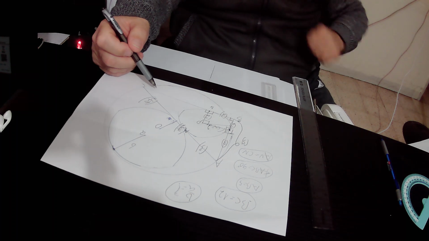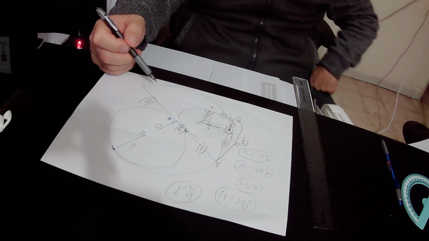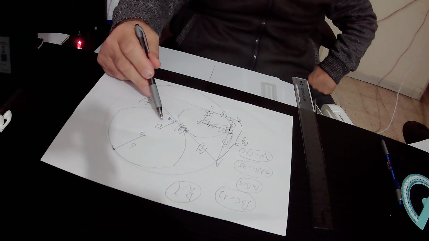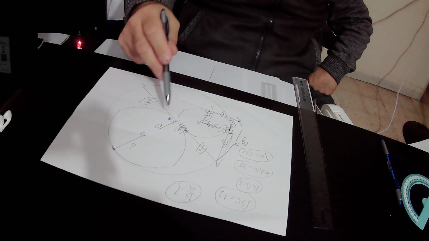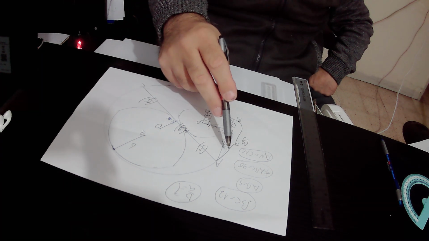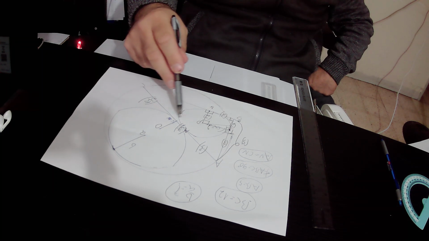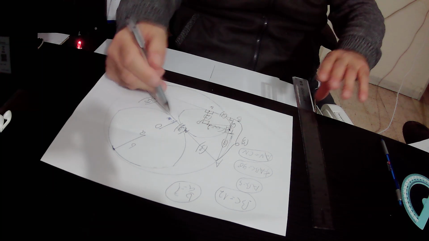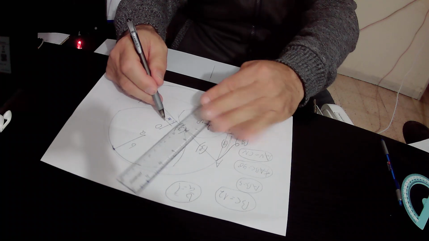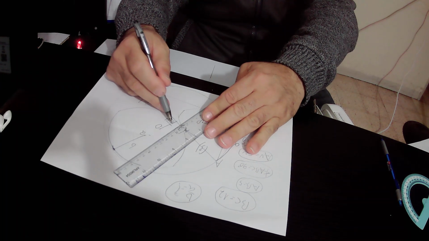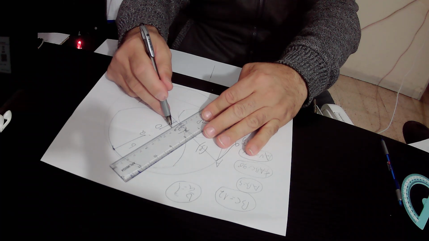And therefore, according to rule number 7, whenever you have a line segment from the center of the circle that bisects the chord, then line segment ON will also be perpendicular to AC. If ON is perpendicular to AC, it means that this angle equals 90 degrees, and this angle will also equal 90 degrees.